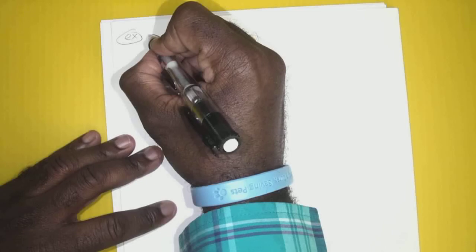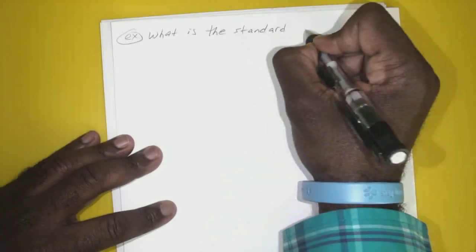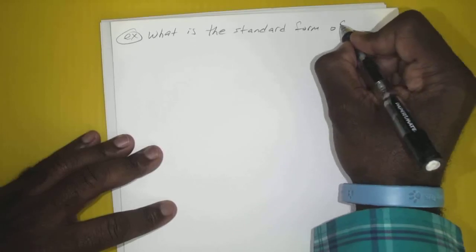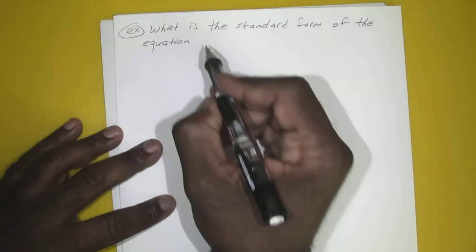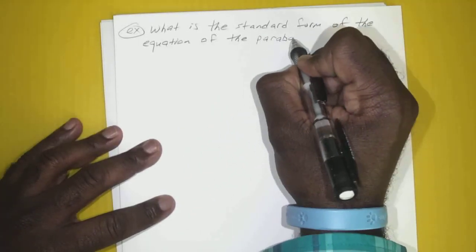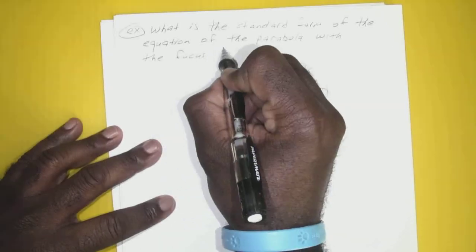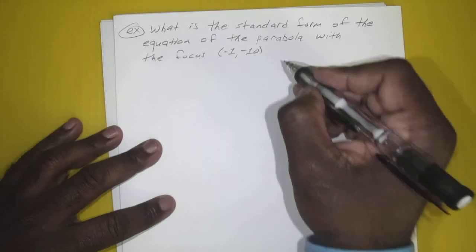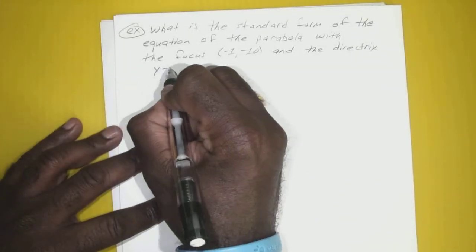Alright, so let's say, for example, we want to know what is the standard form of the equation of the parabola with the focus (-1, -10) and the directrix y equals 4.